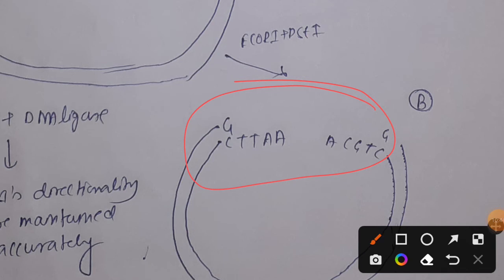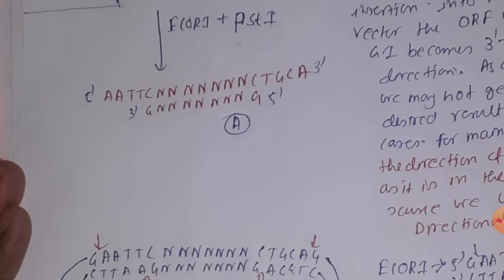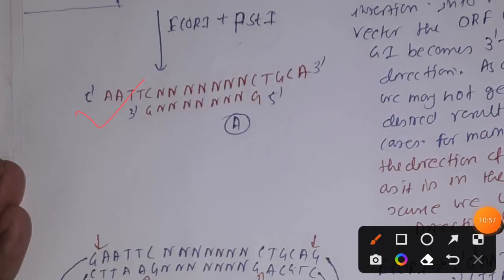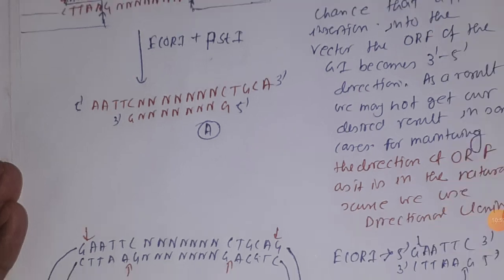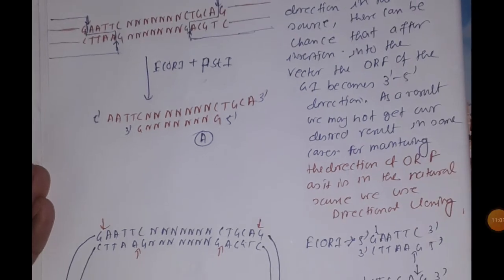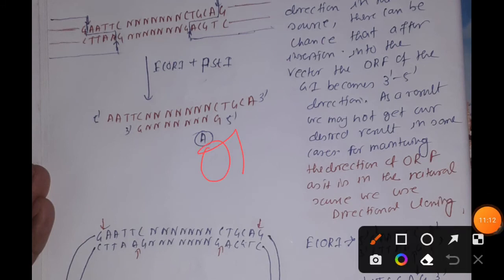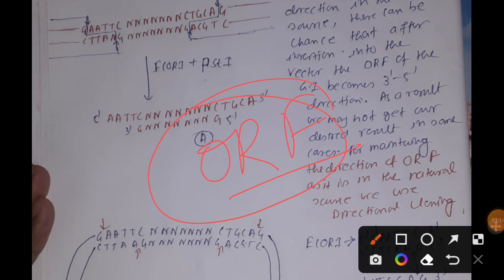Because there is a gap for only a T-shaped compound, and the complementary bases that we have will only allow this conformation, as you can see. So as a result, if we use a 5' cutter and a 3' cutter restriction endonuclease for our cloning purposes, it can solve our problem regarding the ORF. It will maintain the direction of the ORF as it is in the natural source, right?